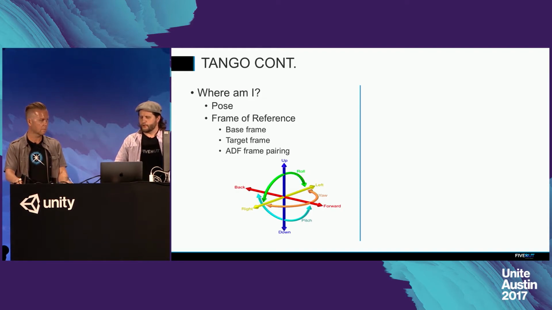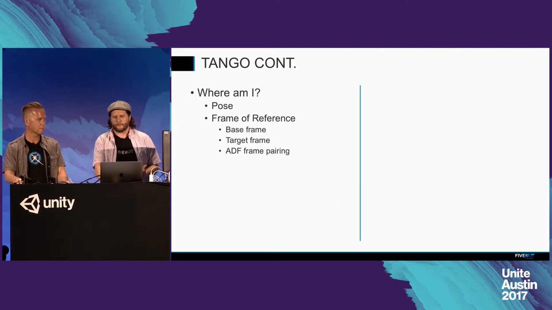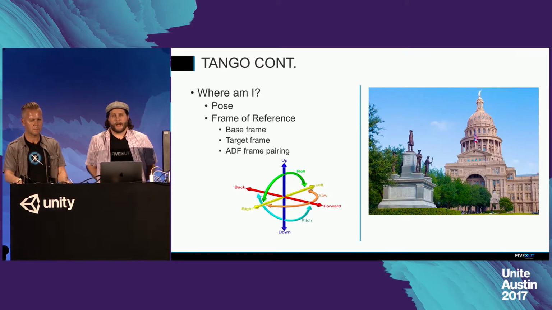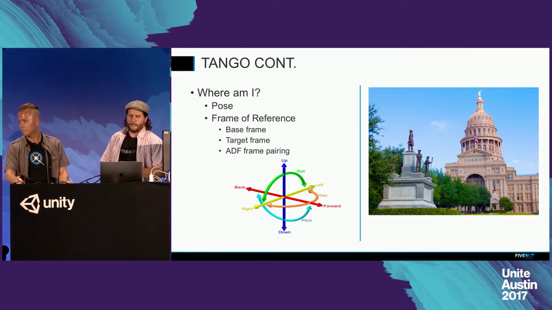But to really understand where I am, we need a reference point, a place to refer to. So if I say I'm standing on my head just north of the Capitol building, that's a lot more helpful. Now we have an understanding of where I am. So we have these frames of reference, and this is how Tango operates.